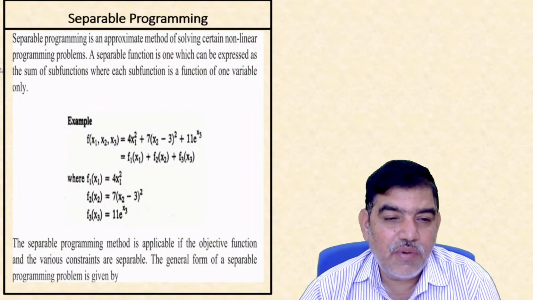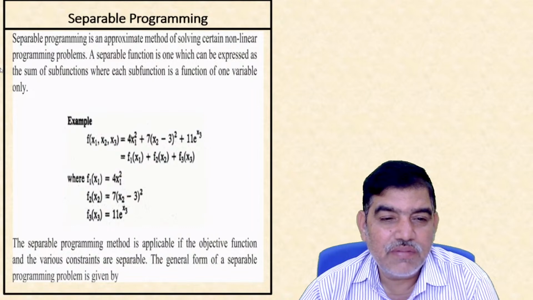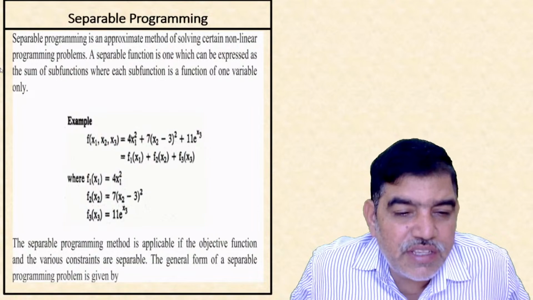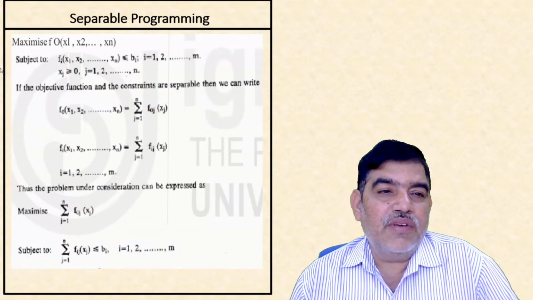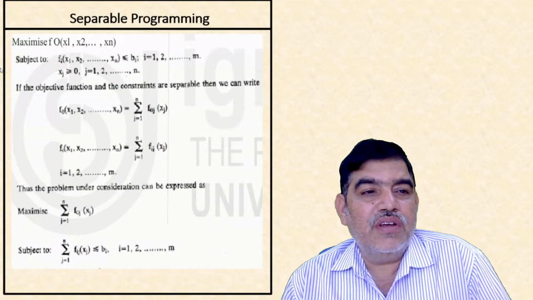The separable programming method is applicable if the objective function and the various constraints are separable. The general form of a separable programming problem is given by, we can represent the separable program mathematically as follows.